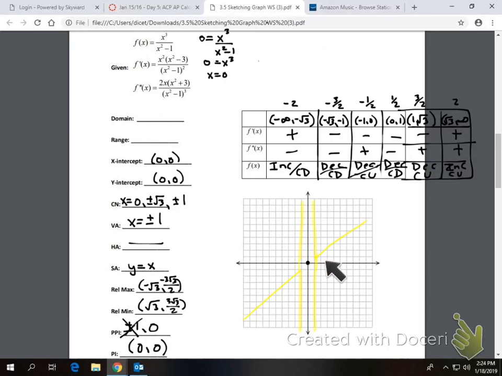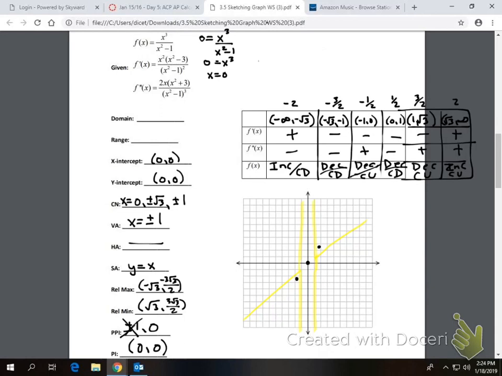So wouldn't I have a relative max at, wait a minute, 1.7 something, comma 2.5. So I'm going to come in here and see if I can graph that. 1.7 something, comma 2.5. Oh, that's about right there. And then negative 1.7 something, comma negative 2.5.